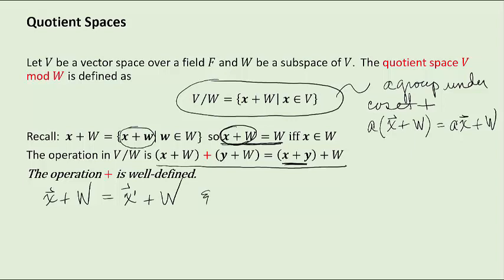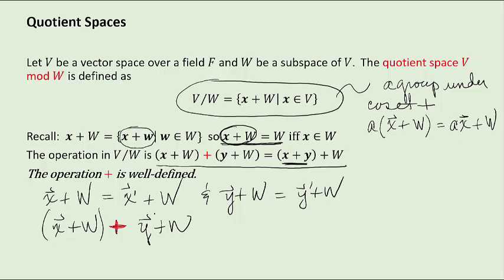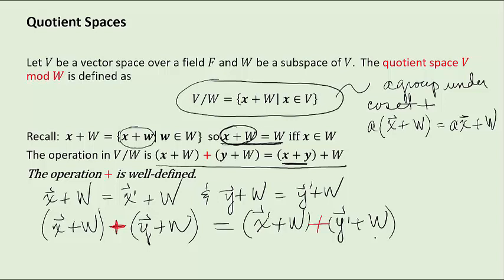So if X plus W is equal to X prime plus W, and Y plus W is equal to Y prime plus W, we have to be sure that X plus W, red plus, Y plus W, adding these 2 cosets, is the same thing as we get with X prime plus W plus Y prime plus W. You can go back to your notes on group theory and see exactly how we prove this.